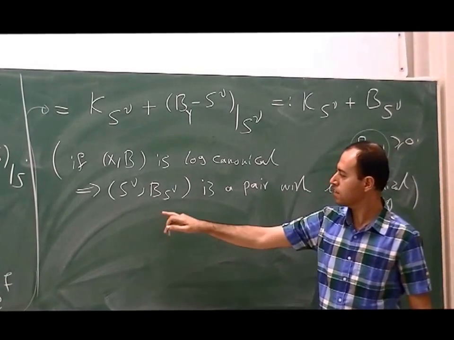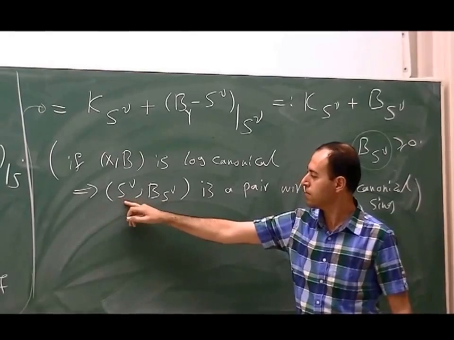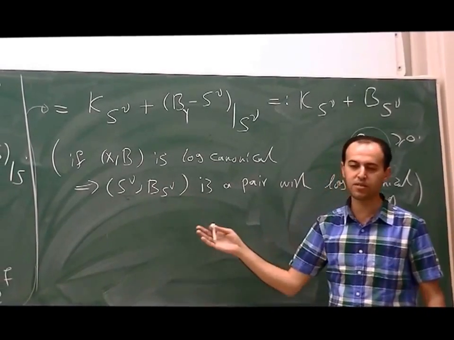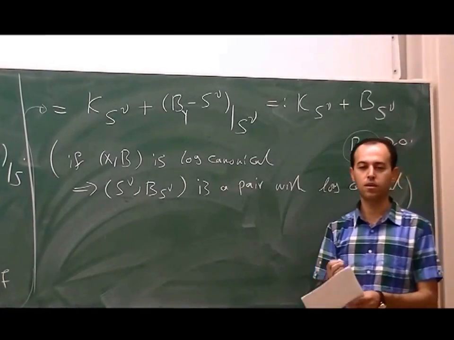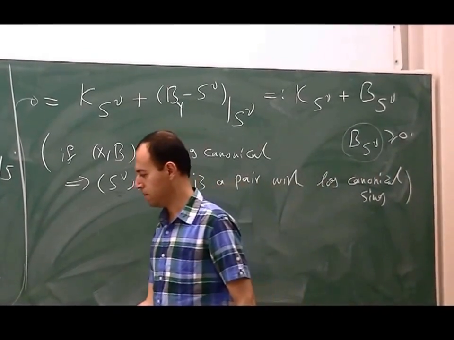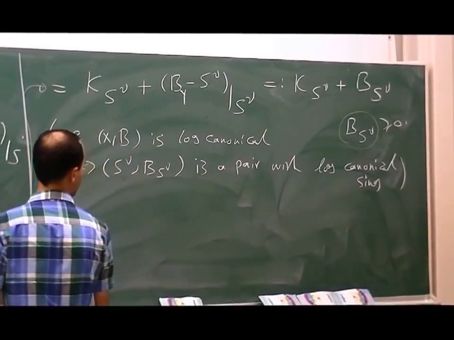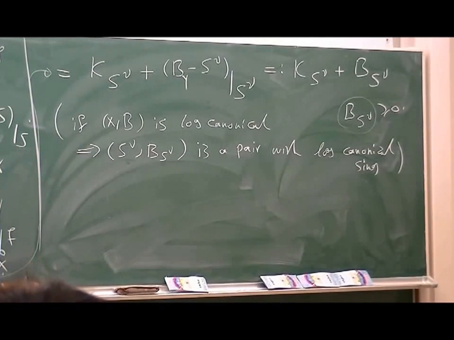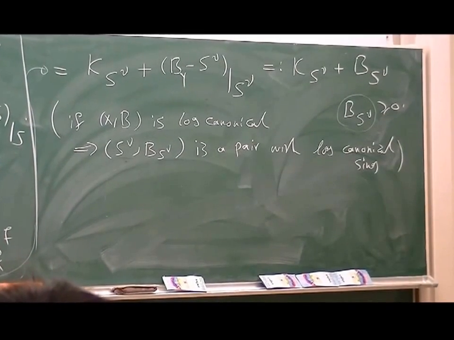Well, in this setting here, this is just a curve, a variety of dimension 1. Log canonical exactly means that the coefficients are all not more than 1. They are between 0 and 1. So this is the adjunction formula. You will see in a minute why I need this kind of formula.